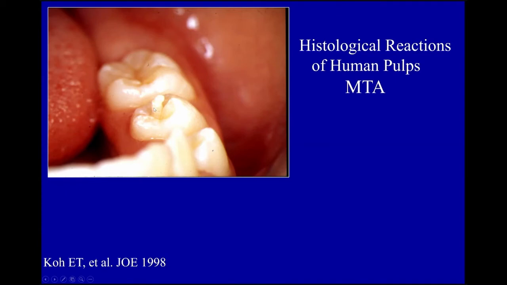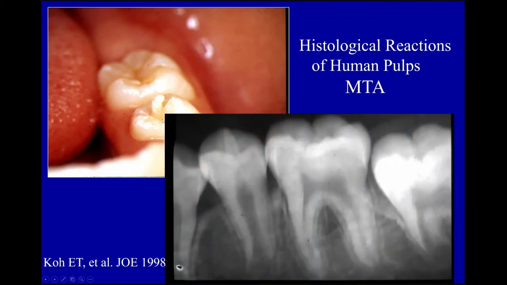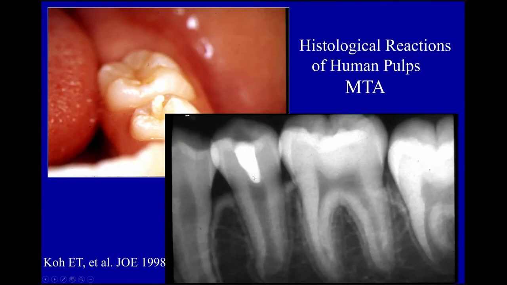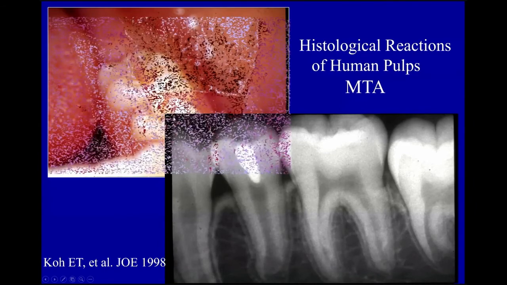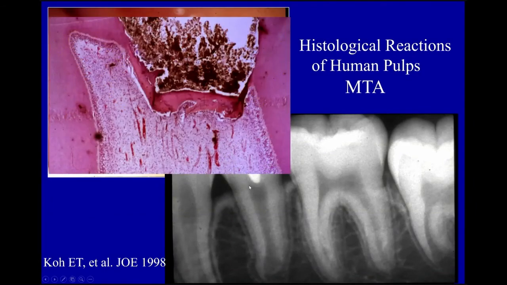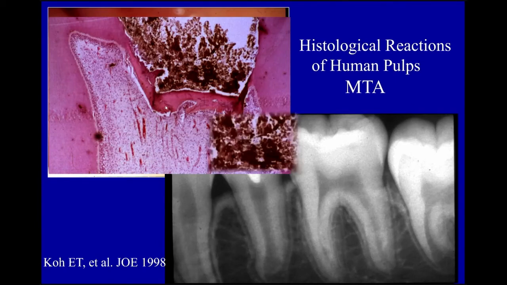What he did was he removed the dens invaginatus, and then he capped the teeth after exposure of the pulp with MTA, and then waited for a few months, and then because of orthodontic reasons, he extracted the teeth. As you can see here, this is where the MTA was, and now you get just a beautiful layer of dentin in here.